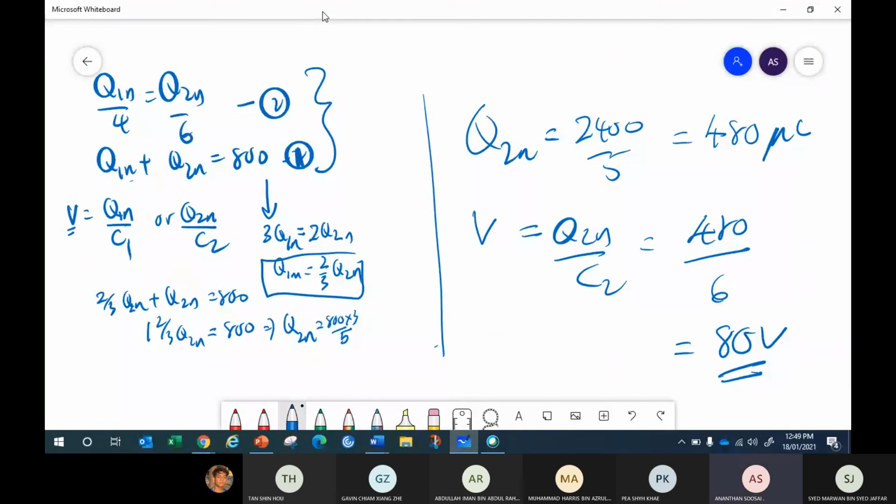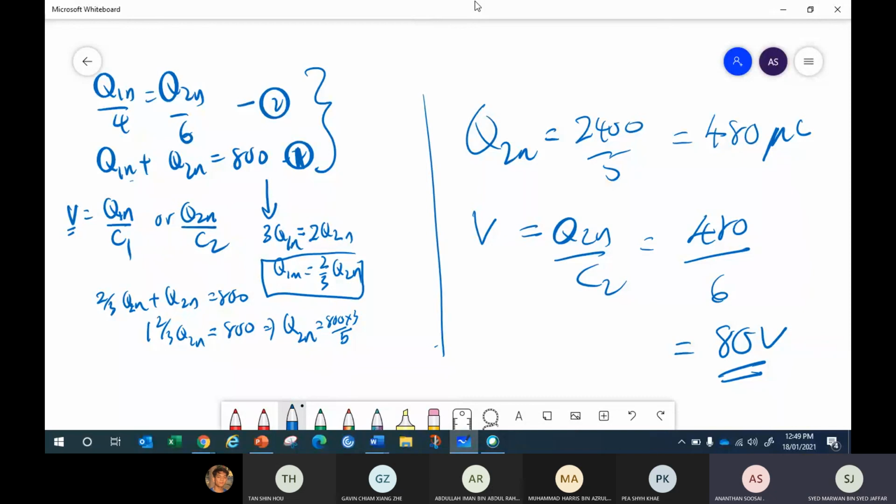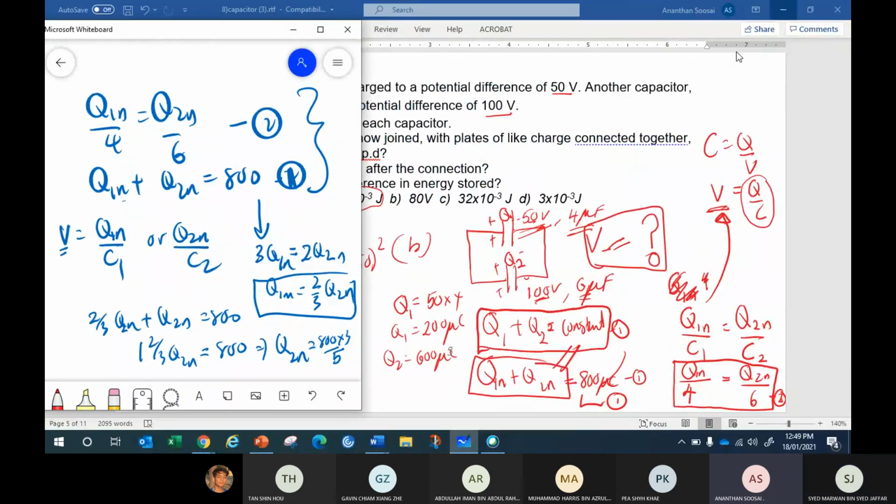Okay, any part you don't understand? This is something tricky. When two charged capacitors are connected, this is what will happen. So what do you do?